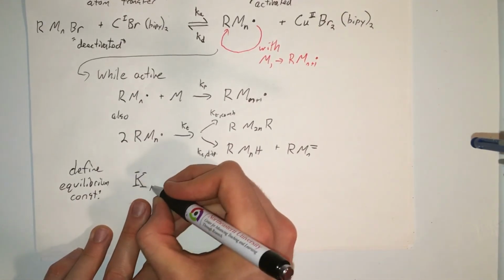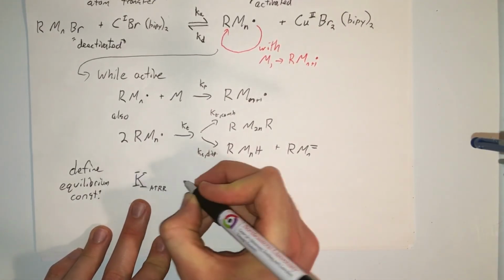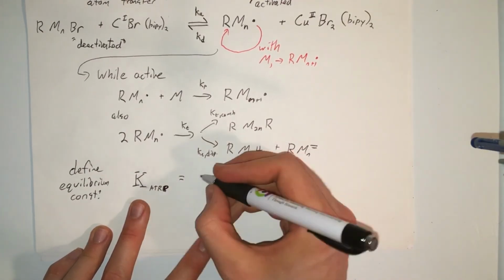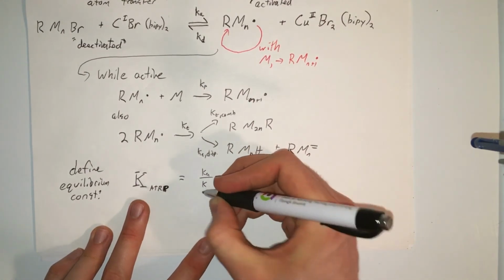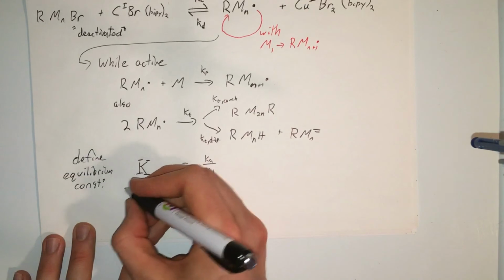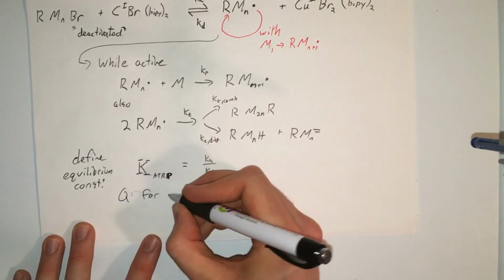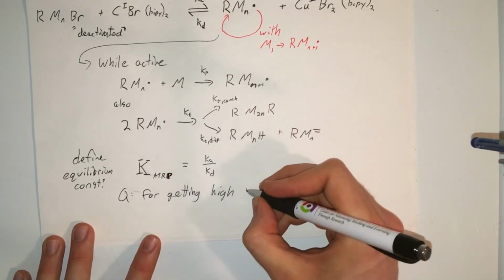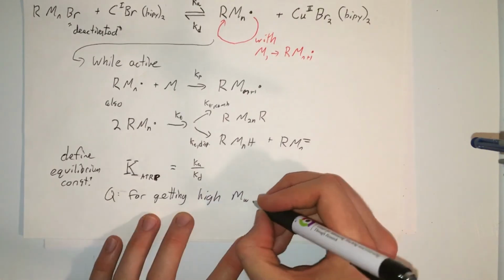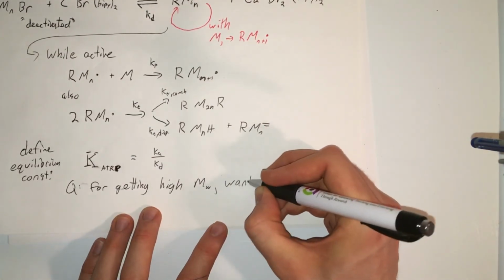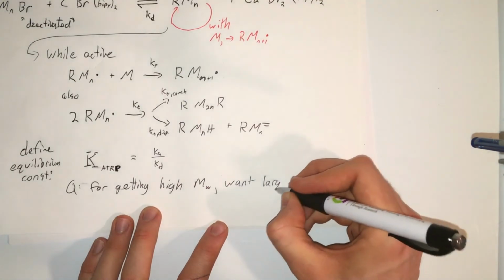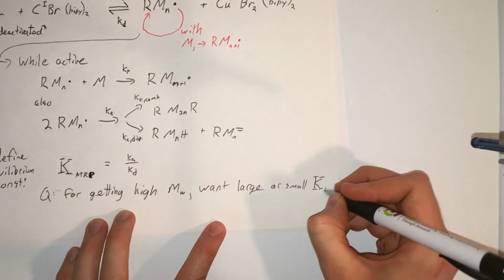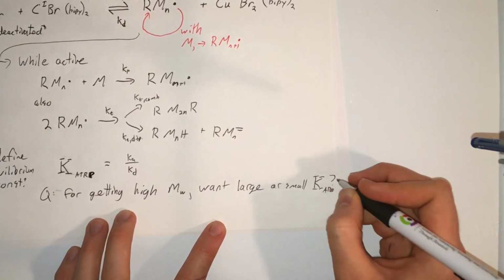And we'll call this K, capital K, ATRP, and it's going to be equal to Ka over K sub D. So my question is, for getting high molecular weight, do we want a large or small K ATRP?